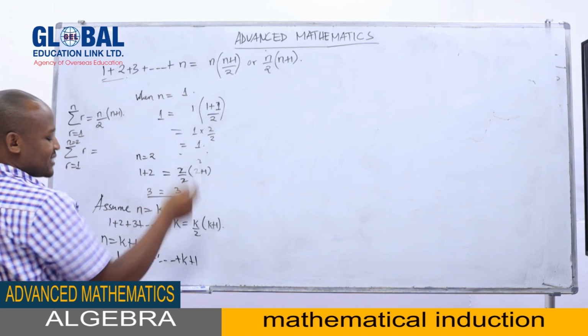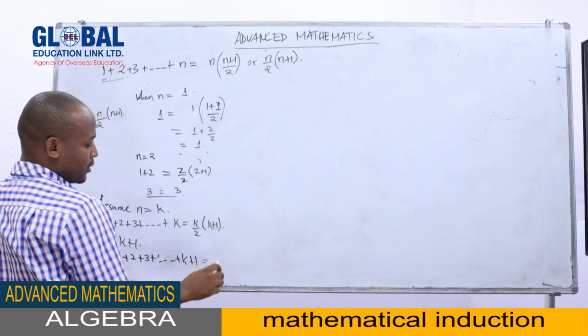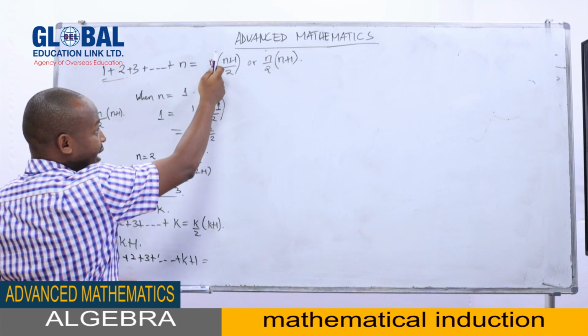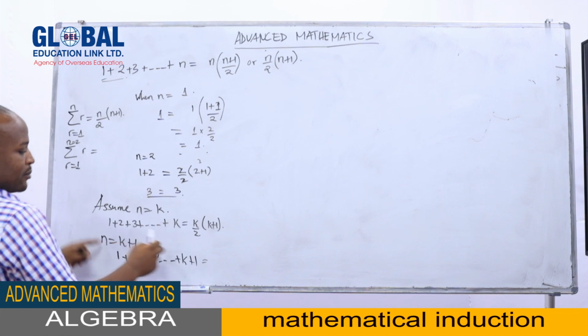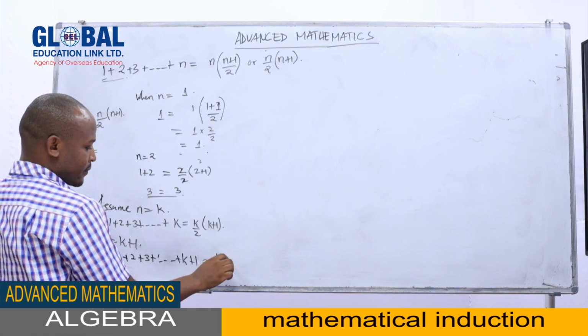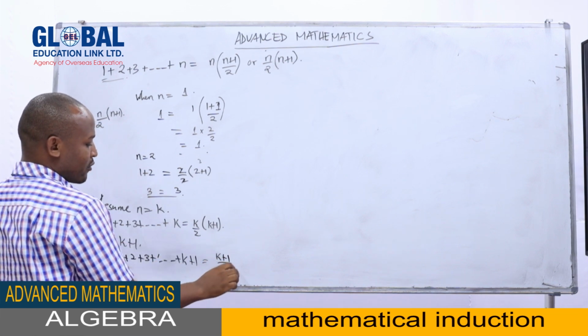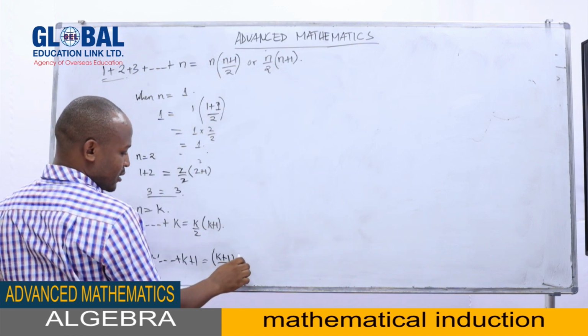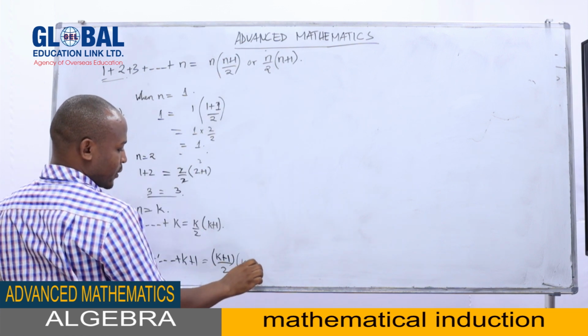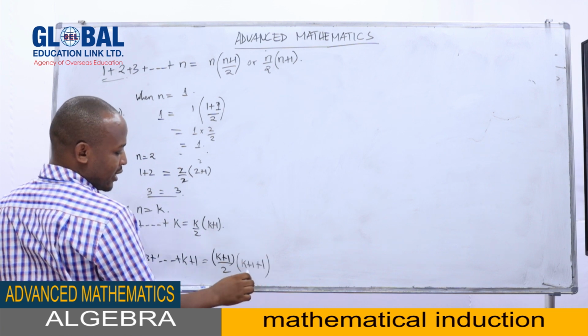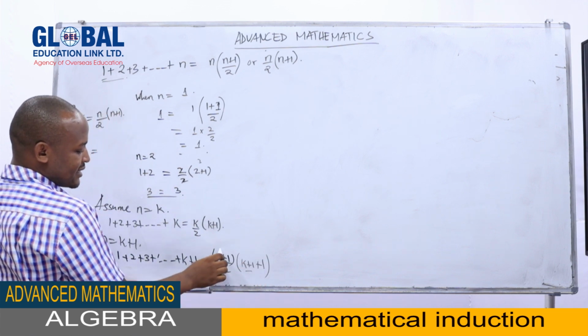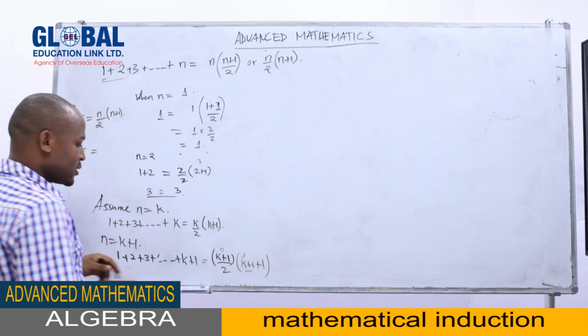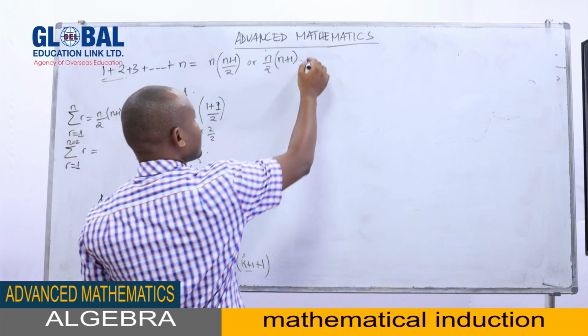That means the next term from there will be equal to what? Our n now is k plus 1. That means it is k plus 1 over 2, and then that side is k plus 1 plus 1. And remember, this is n and that is n. So we have just plugged it there.